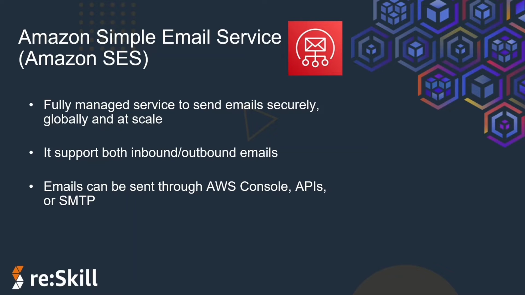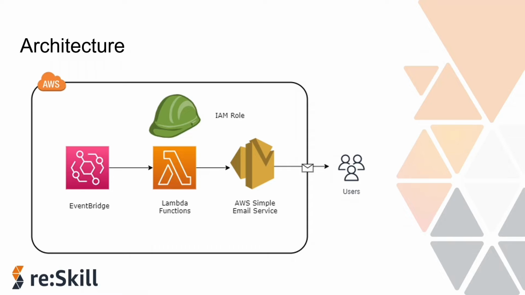Okay, so we have seen all the services that are required to implement our architecture. So this is basically our architecture. We have EventBridge that is connected to Lambda functions, that is connected to simple email service. And on top of the Lambda function, we have an IAM role. So we will set up EventBridge that will create an event based on time, and that event will trigger the Lambda function.